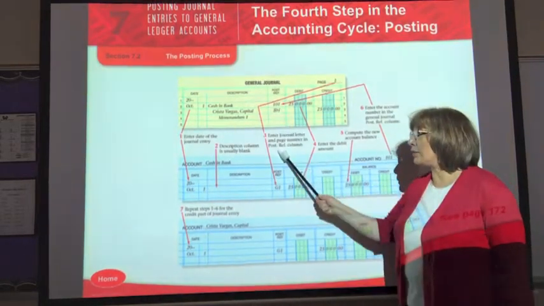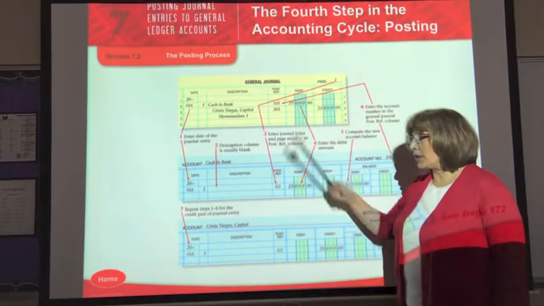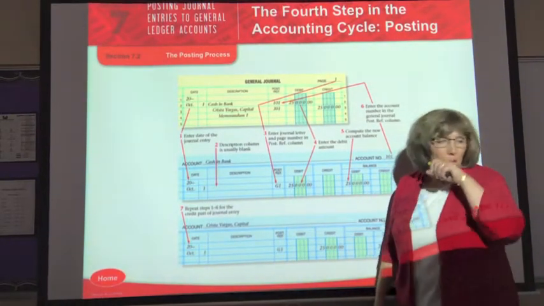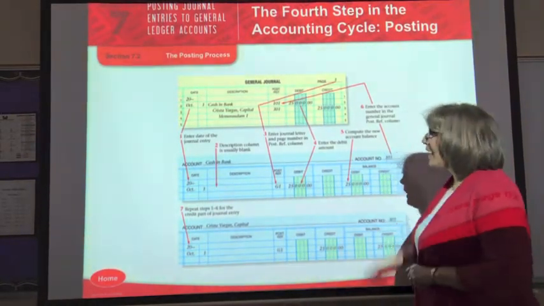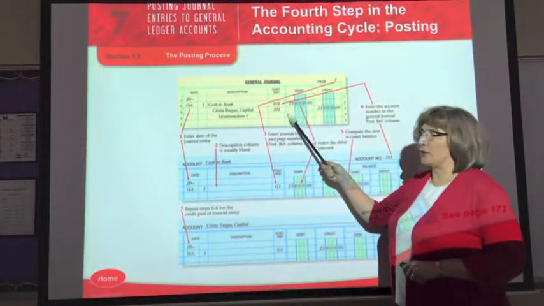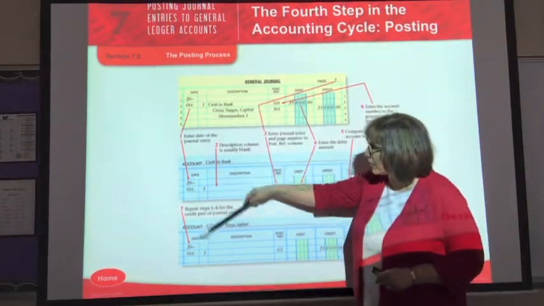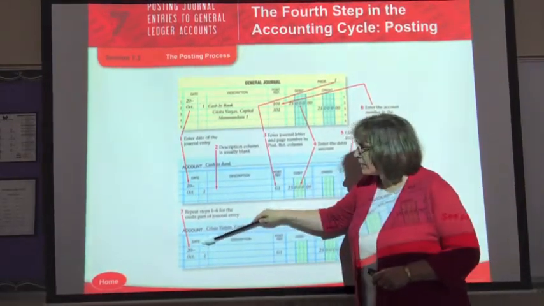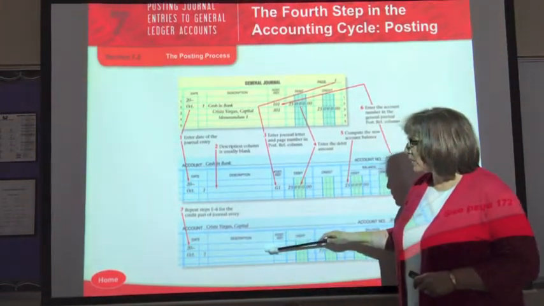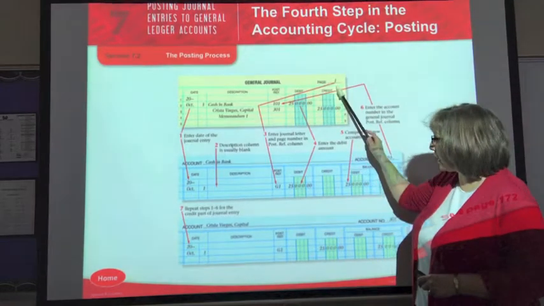And if you've written all the numbers already in there before you've actually posted them, then those transactions will not get posted. After you do the first line, then you have to do the next line of the transaction. If there's more than 2, you're going to do more than 2. But this second one, we're going to go down to Krista Vargas. We're going to write the date. We can skip the description, say where it came from, General Journal, page 1.